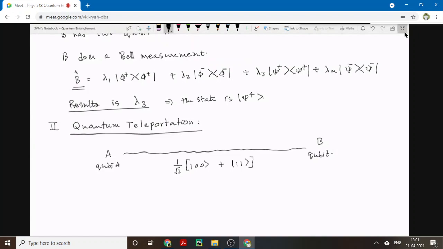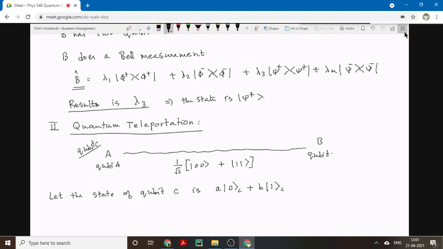Now let's say that A has another qubit C. Let the state of qubit C be a times 0C plus b times 1C.